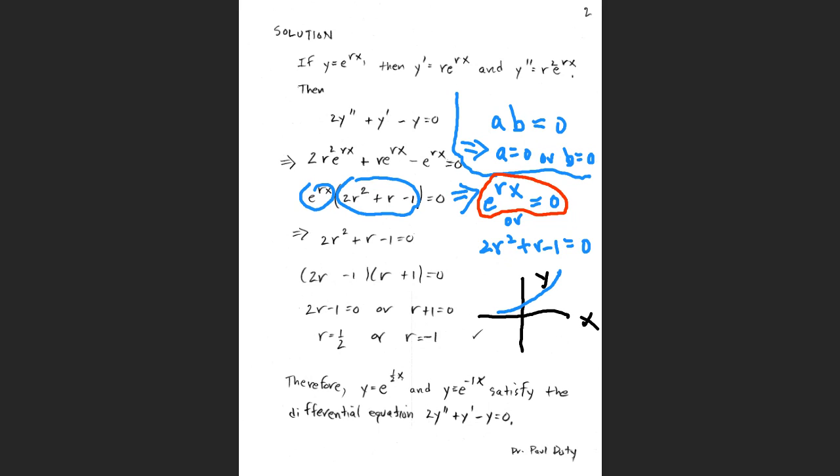This exponential function would be the exponential decay. But you see, the exponential functions never go below zero. This is again e to the rx power for different values of r. This function here would be when r is less than 0.